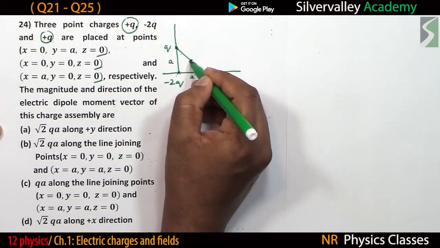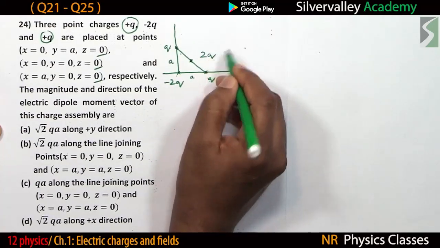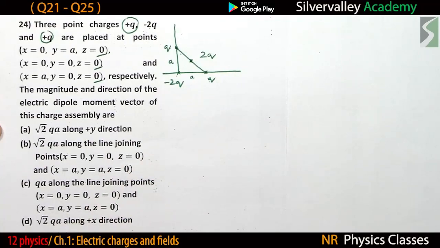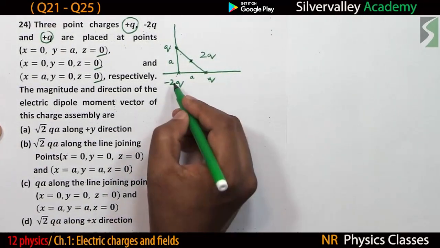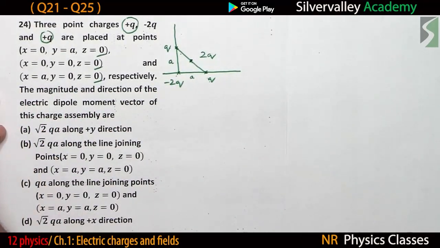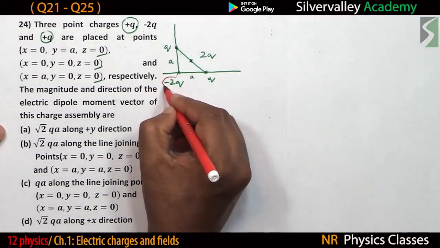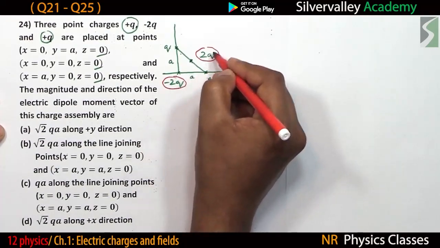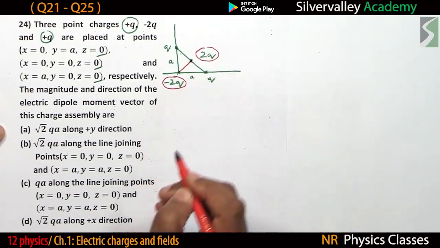So this is 2q, this plus this imagined at this point. See, there is minus 2q, there is plus 2q. Two equal and opposite charges separated by this distance.